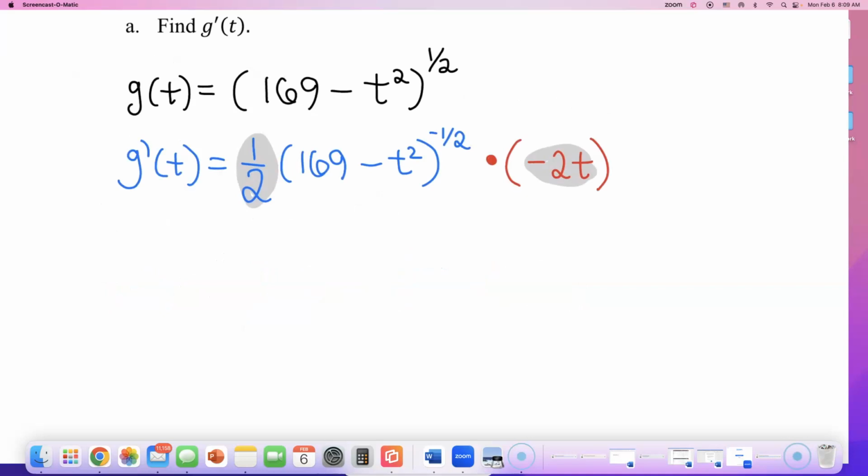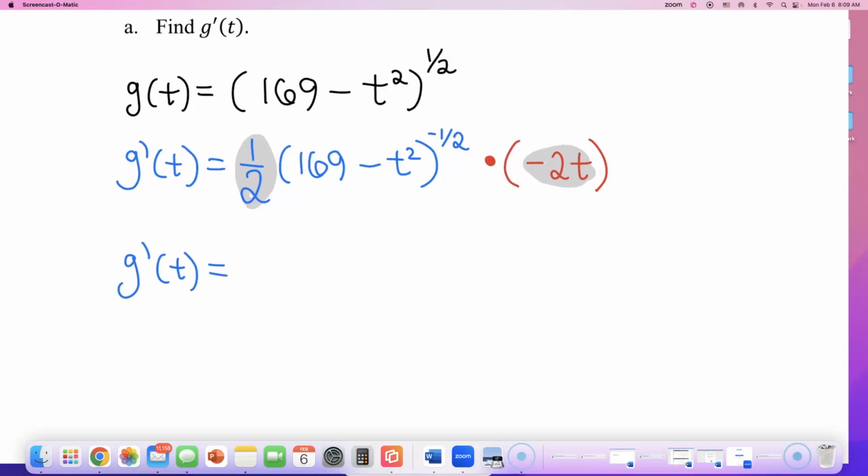Half and the 2 will cancel out, but the t will still stay negative, right? So you still have -t. Put that -t on top of the fraction.